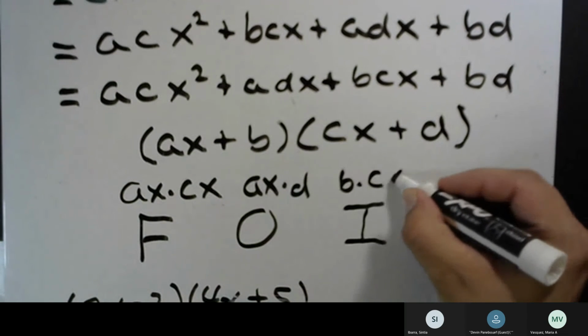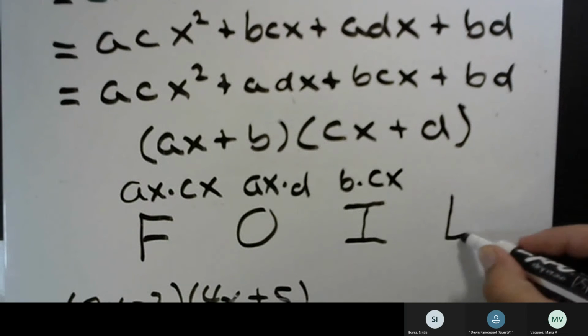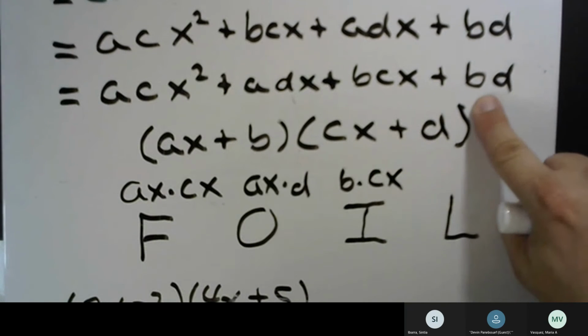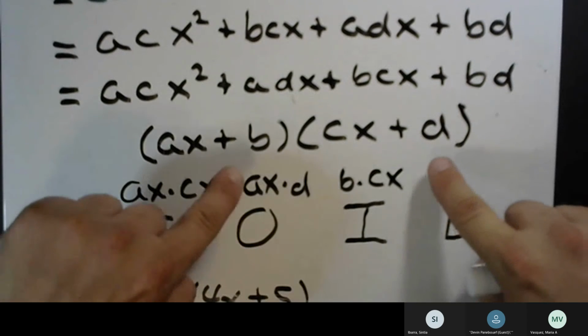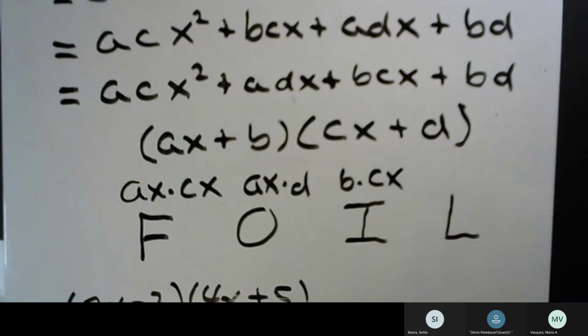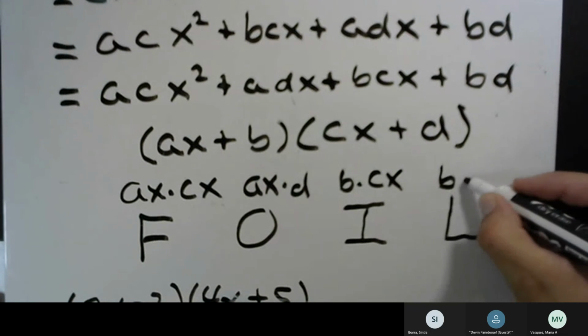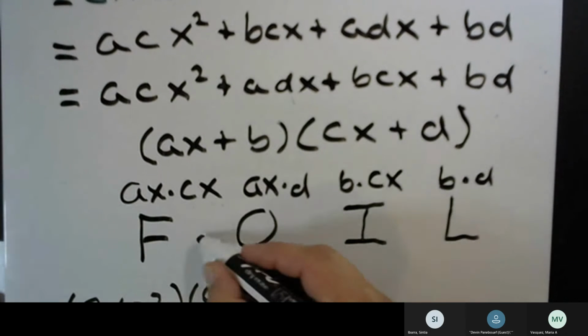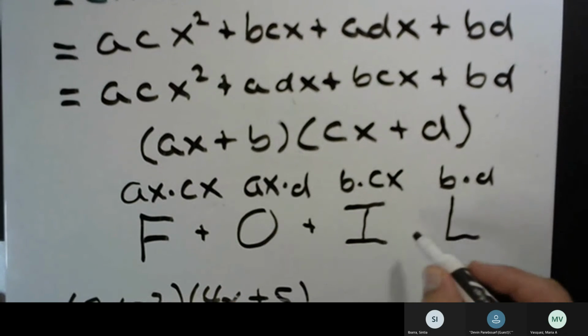So b times cx. And then to get the last term, we multiply the last terms of both polynomials, b times d. And we're going to be adding these up.